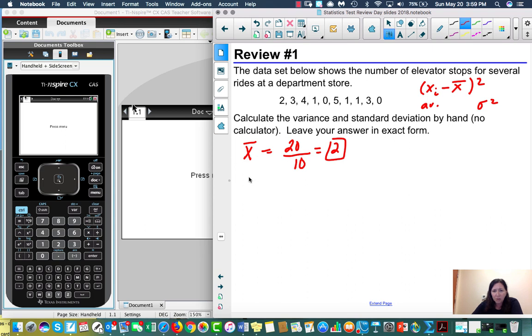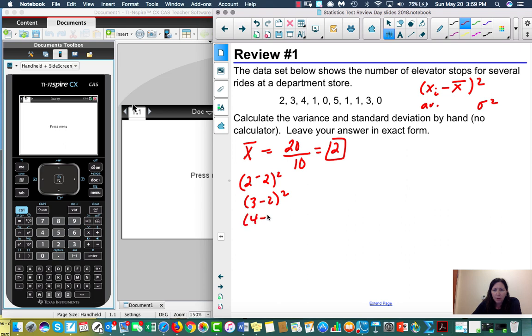So first, you don't have to put these in order from smallest to largest, unless you're trying to find the median or something else like that. But it didn't ask you to do that, so we're not going to. So we're going to go 2 minus 2, square that. Then 3 minus 2, square that.